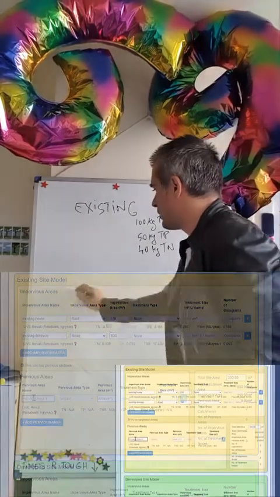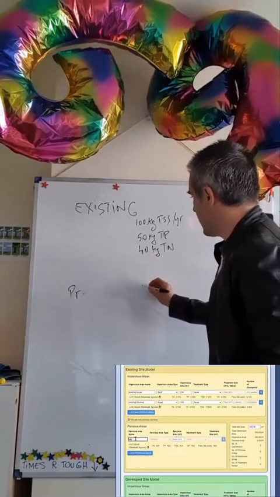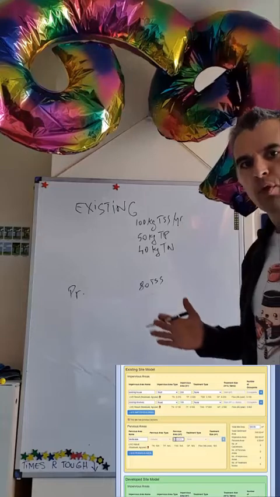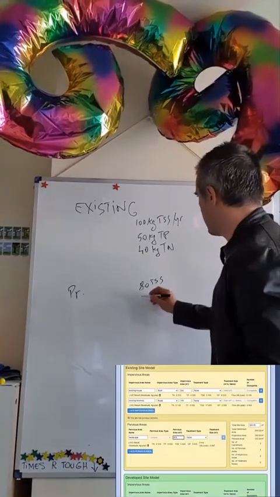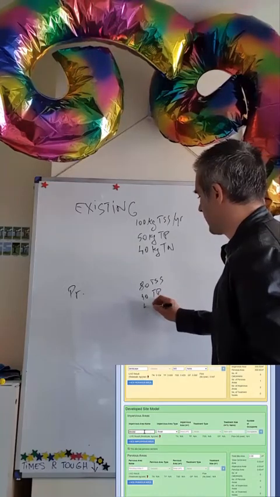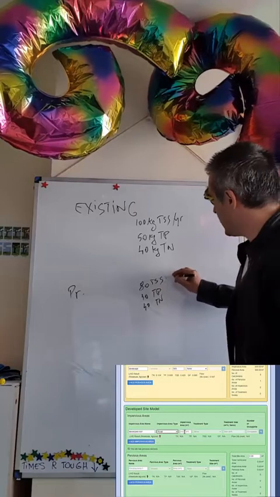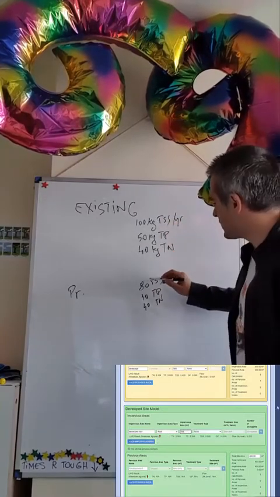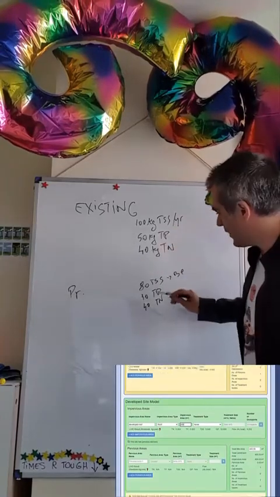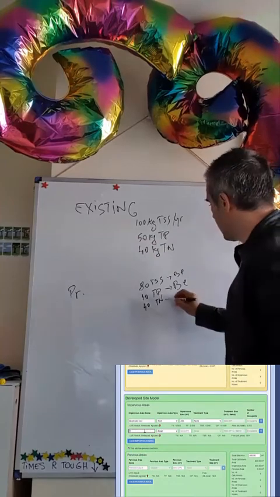And the proposed, the design situation, will generate, let's say, 80 TSS, because they replaced car park with roof, 40 TP and again 40 TN, right? So it used to be 100, now it's 80, that's beneficial. It used to be 50, now it's 40, that's also beneficial. It used to be 40 and now it's still 40, and that's neutral.